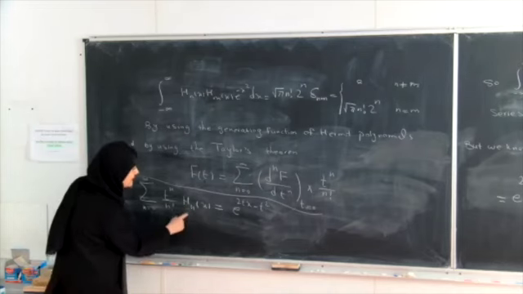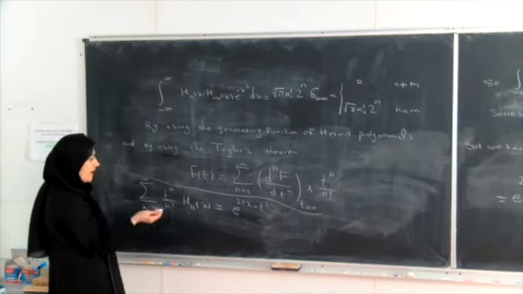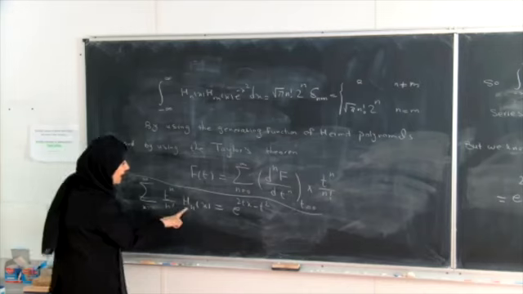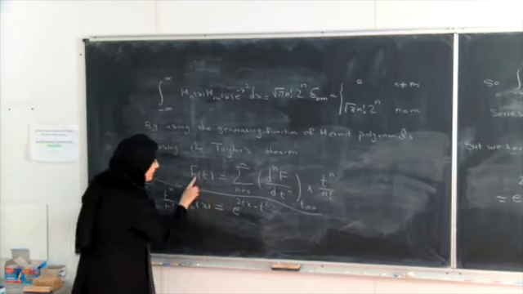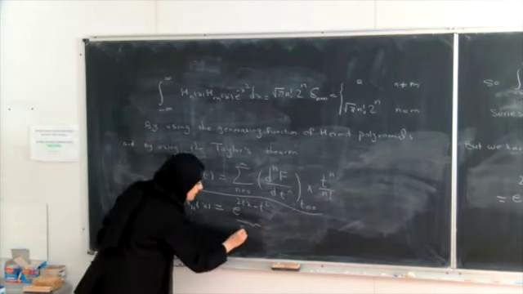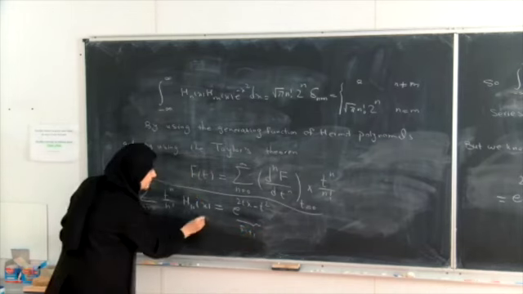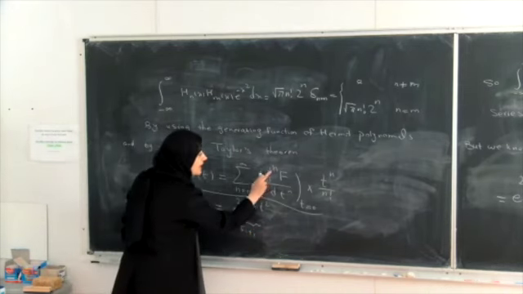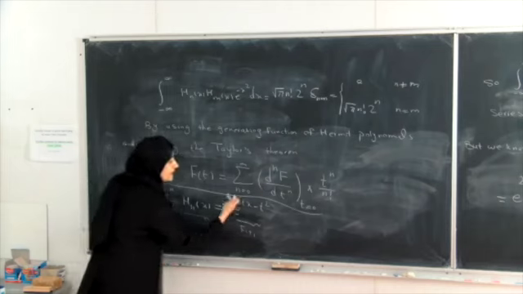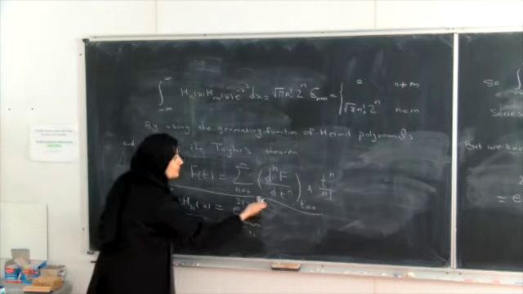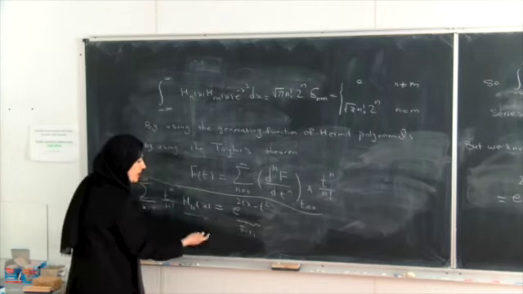So by using this and this, here we have f(t), and the nth derivative of this function with respect to t should be Hn.